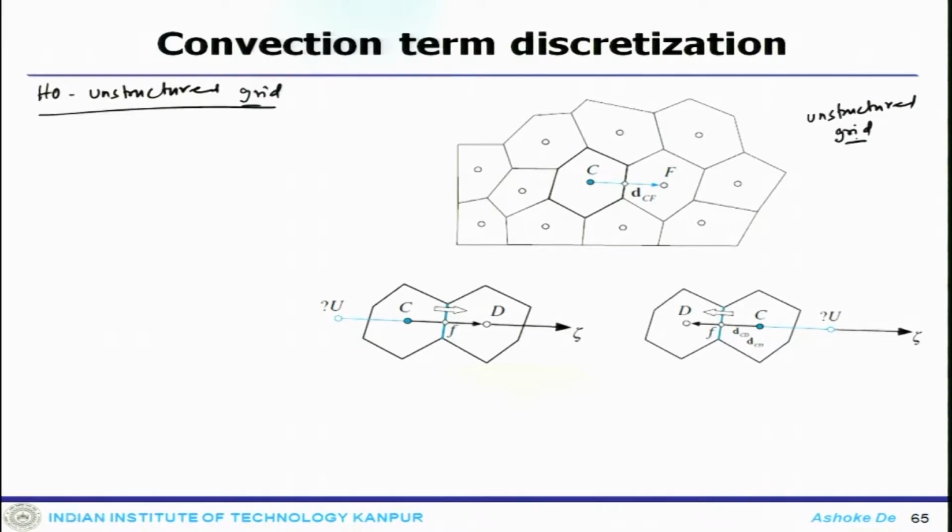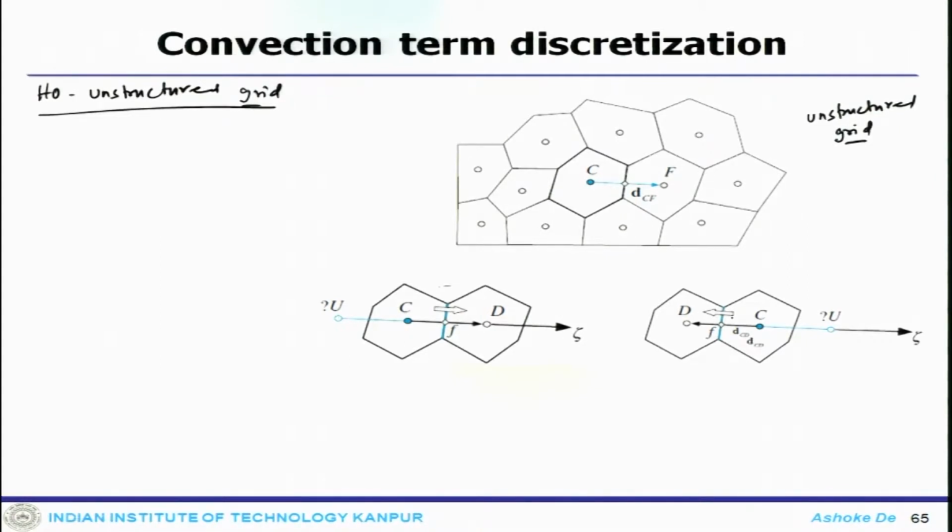Now here in this case you can see the upwind nodes C and F, and they are connected with a distance, and we want to develop a higher resolution convection scheme given the velocity at the face in this direction and in the other case in this direction.